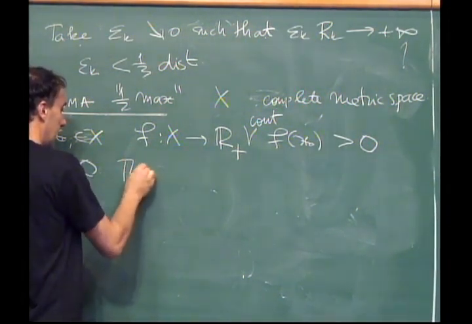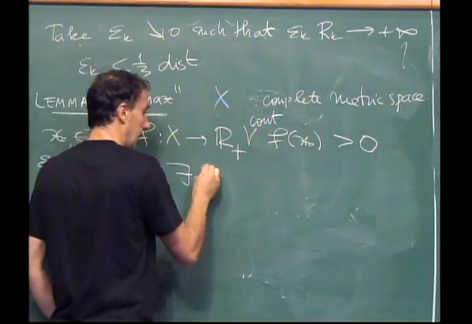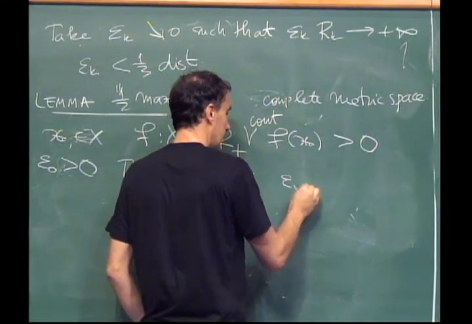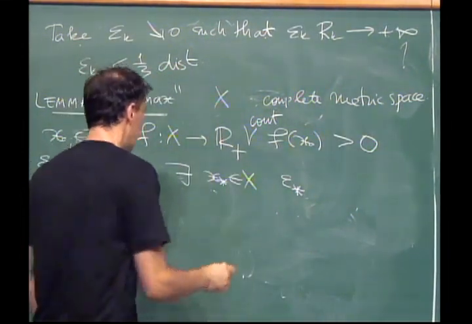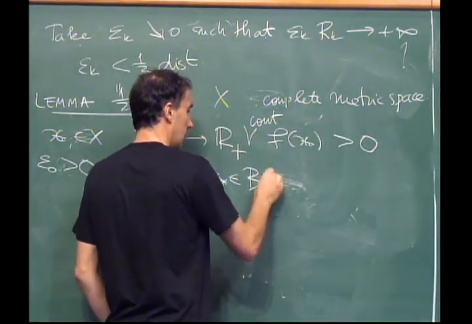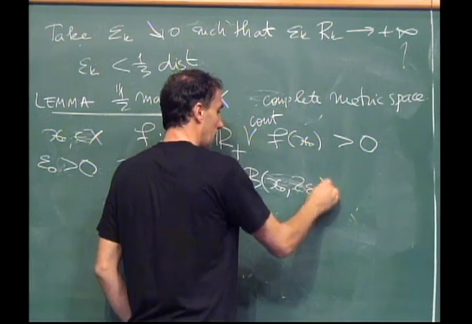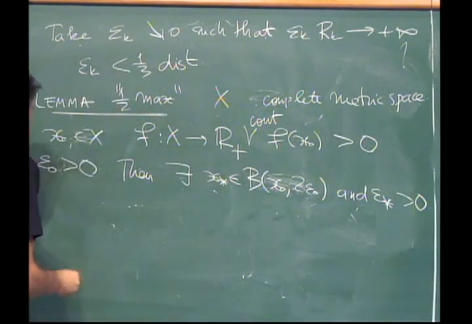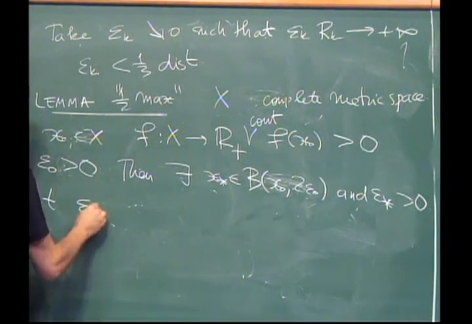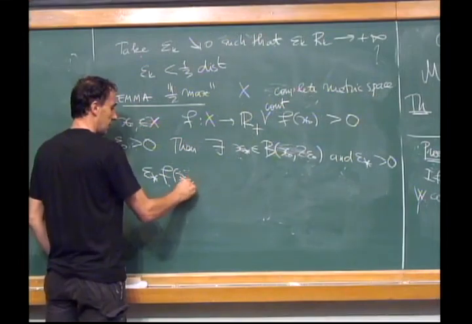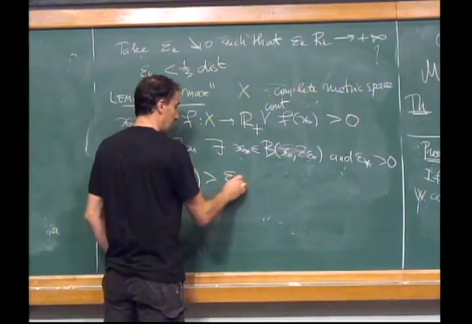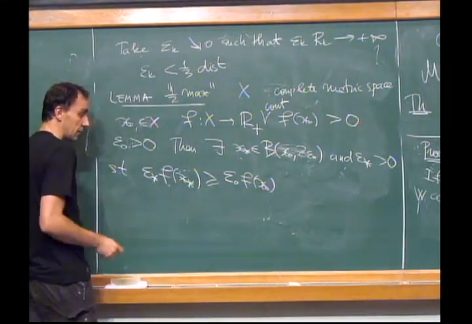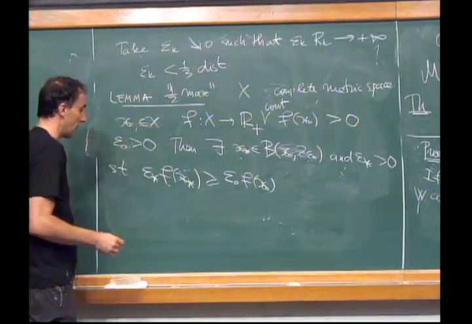Then there is some x star in X, in the ball B of x0 with radius epsilon 0, and epsilon star greater than 0, such that epsilon star f of x star is greater than epsilon 0 f of x0, and this f of x star is a half maximum on this ball.